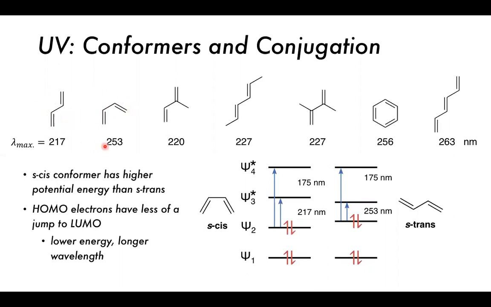These have different wavelengths associated with them. So the trans has a lower lambda max than the cis. This is the wrong way around. These should be opposite. I've just noticed these should be switched.